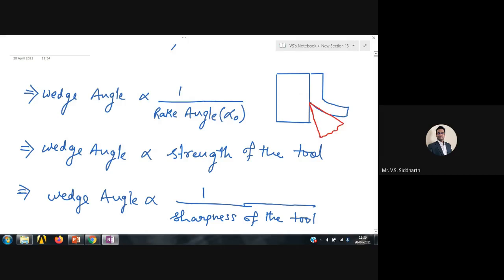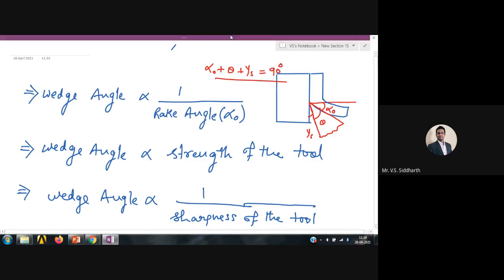This is the tool, and this is the reference line. This is alpha naught, this is gamma s, and this is theta, which is the wedge angle. So alpha naught plus theta plus gamma s is equal to 90 degrees.